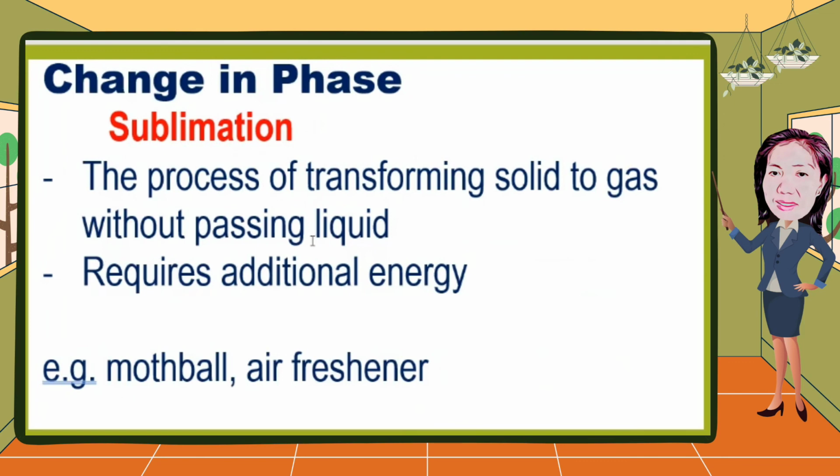We observe that if we expose or leave that mothball or naphthalene ball, after how many days, what happened to it? It decreased, it became smaller. What is the reason or cause of it? This is because the solid mothball or naphthalene ball is transformed into a gas. Okay, it became smaller because from solid it converted directly into gas without passing through a liquid state.